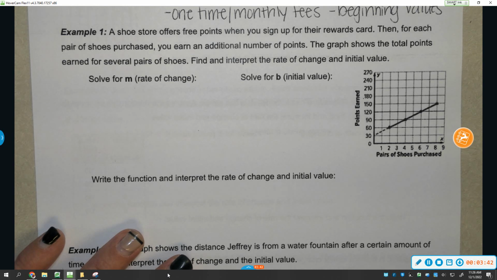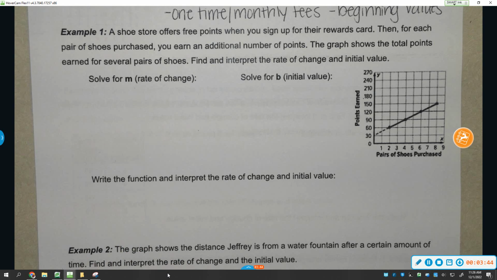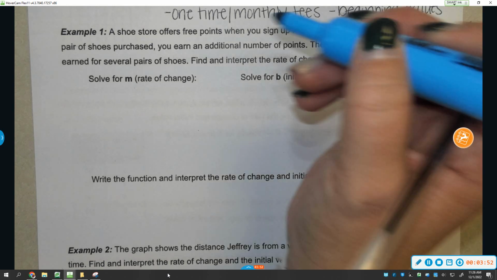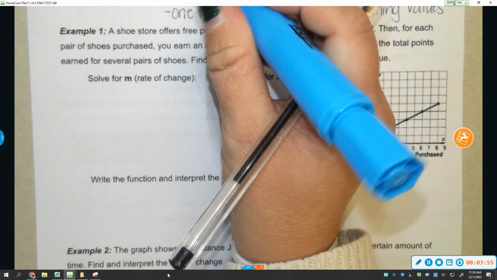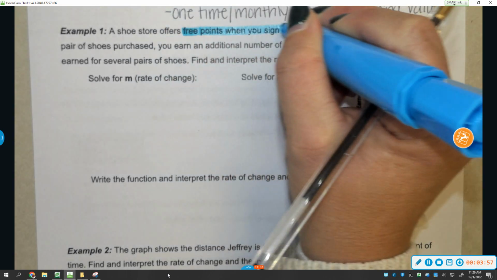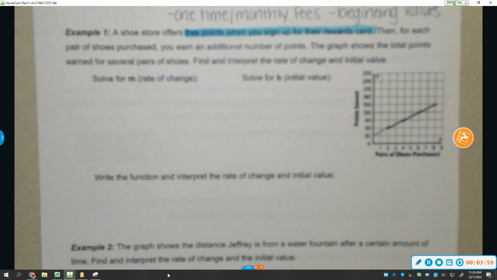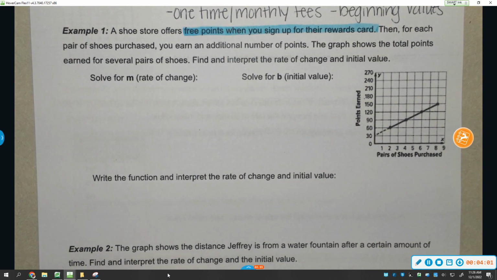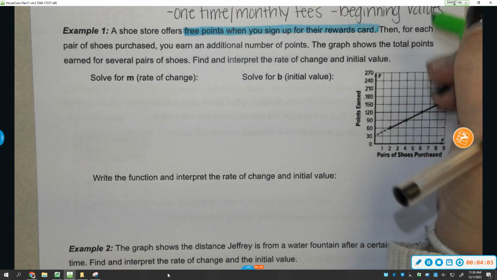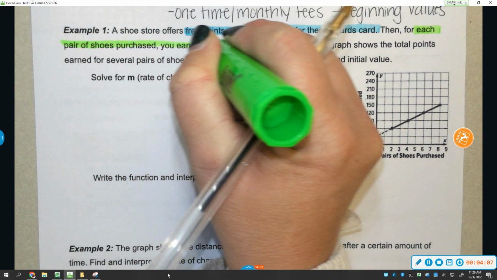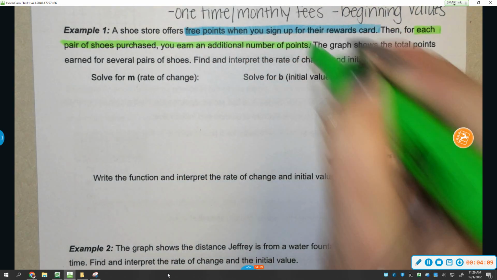So first of all, there are some phrases in here that identify what you might use for your initial value or your rate of change. So first, highlight: they offer free points when you sign up for their card. And then, for each pair of shoes purchased, you earn an additional number of points.